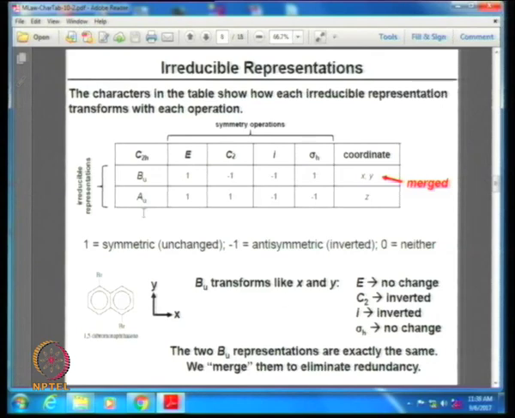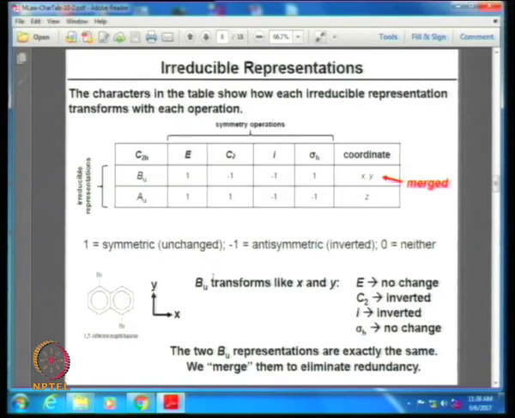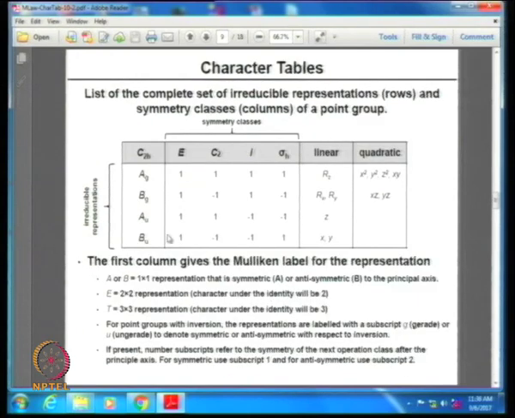Now, we do need 2 more rows here, and a list of complete irreps. So here, in addition to AU and BU, 2 new things are added, AG and BG. The AG is the trivial representation. Everything is represented by just 1. Remember that the trivial rep is always one of the irreps, and that's a very important thing to remember.